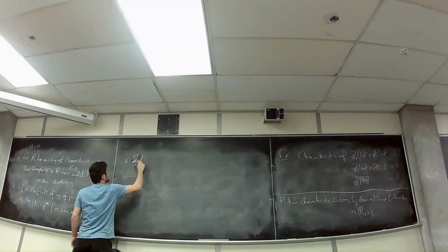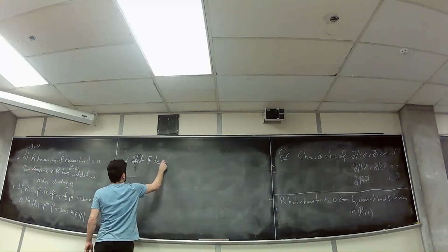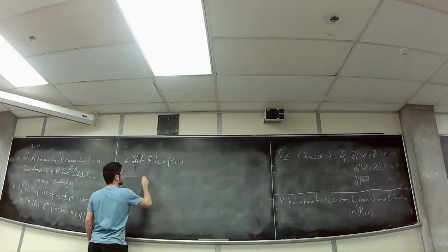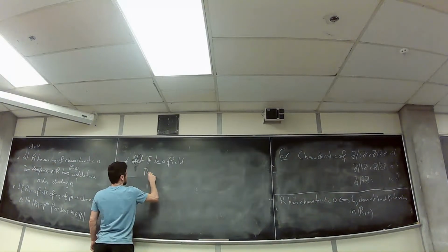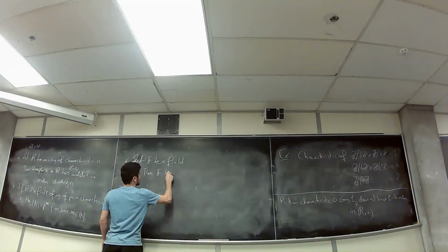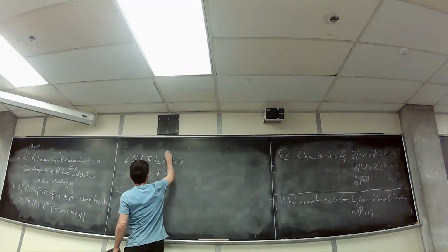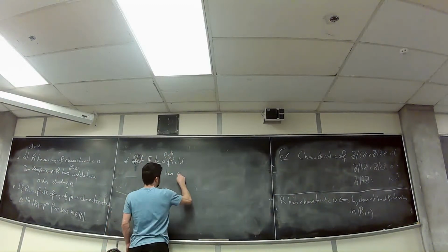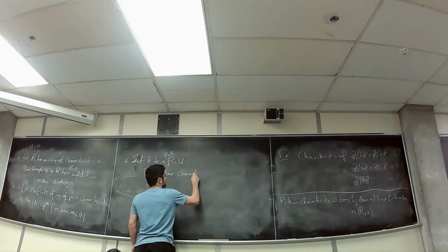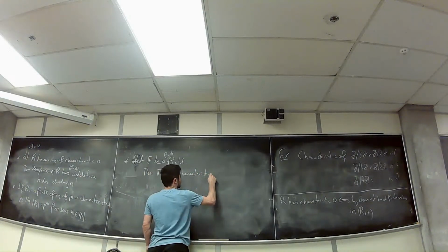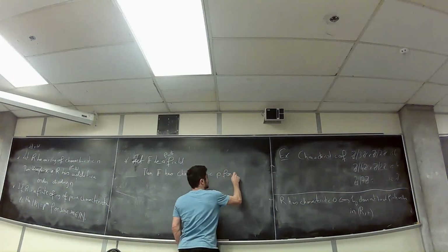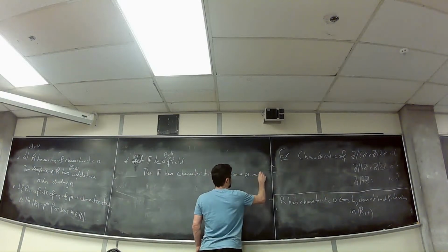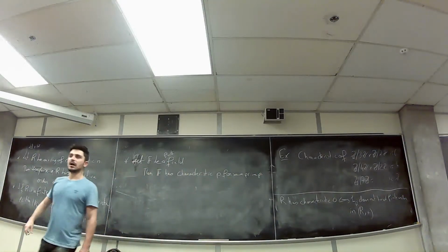Now, another important one. Let F be a finite field. Then F has characteristic P for some prime P, right? I proved this in class.